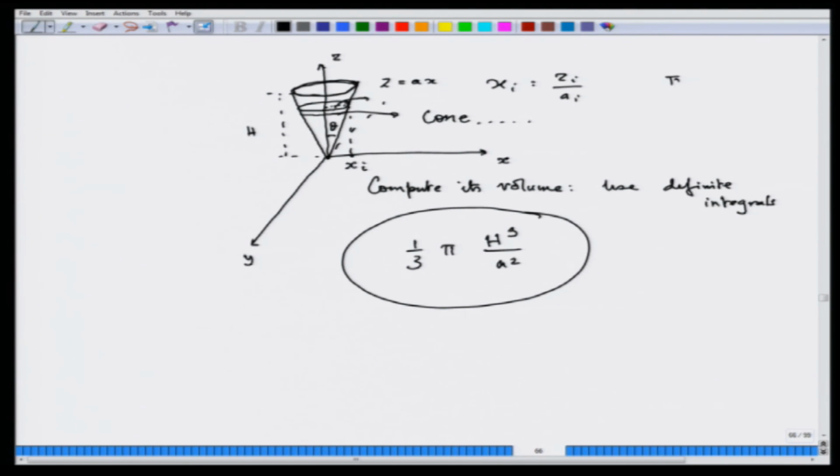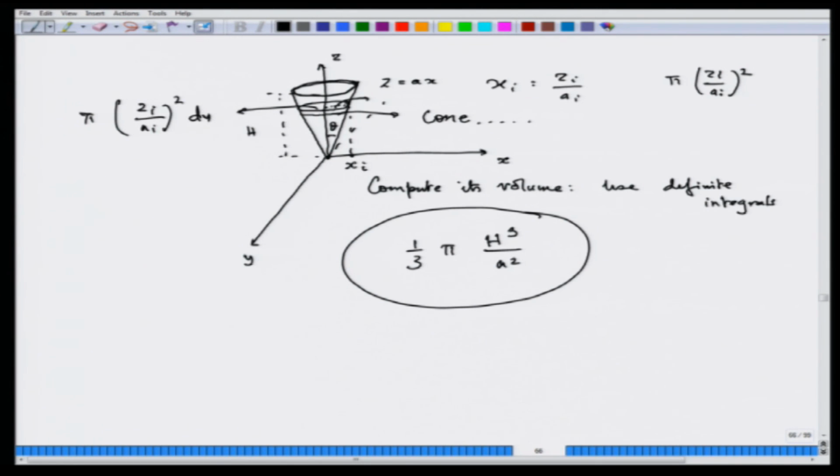The area is pi into zi by a whole square for this elemental circle, and that you have to multiply with del z.